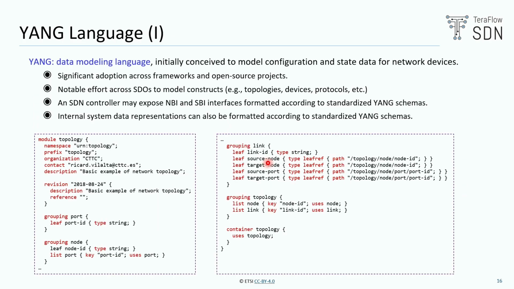In the case of the links, each link has a link identifier, and then, for instance, a source node, a target node, source port, and target port. And these four values are not free strings. They need to be strings that are in the previous node list. Okay, so I cannot put whatever I want. It needs to be something that references an existing entity in the nodes.